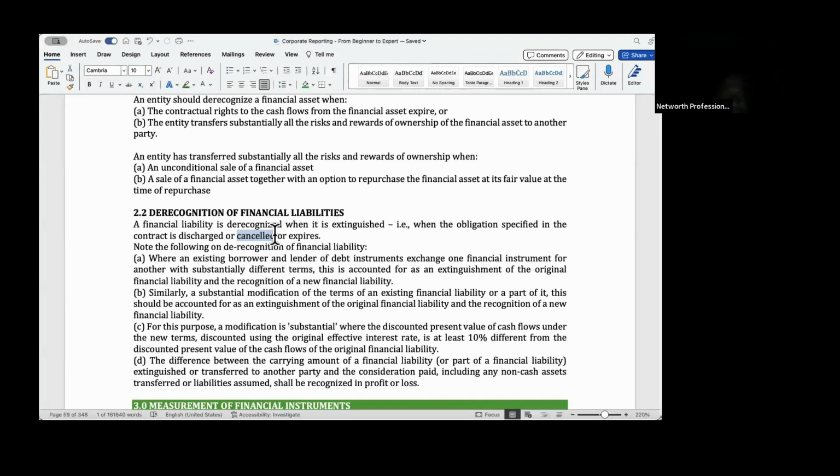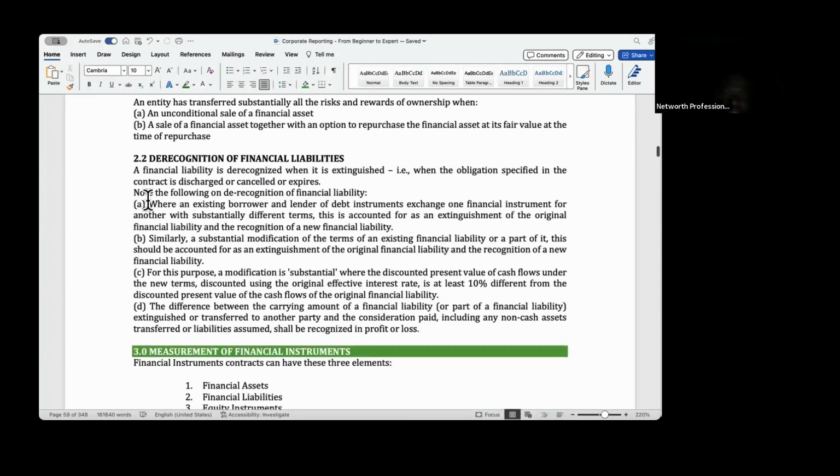Also, again, derecognize it from your books, or it has expired, derecognize it from your books. But there are these things I need you to note about extinguishment. The first one is this: it's possible to exchange one financial liability with another financial liability.